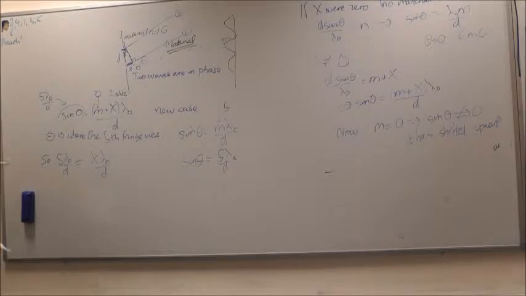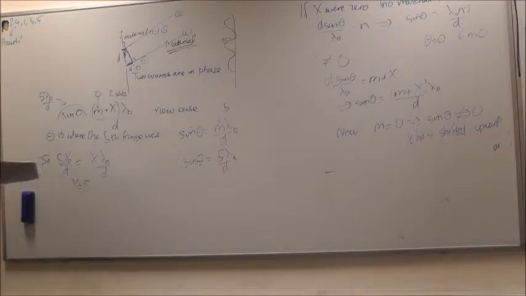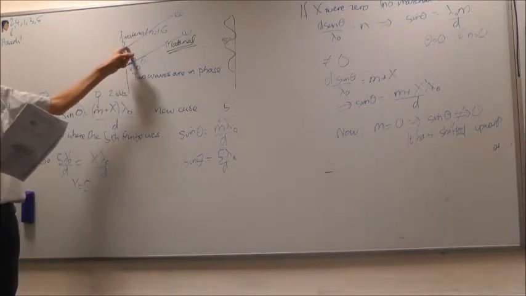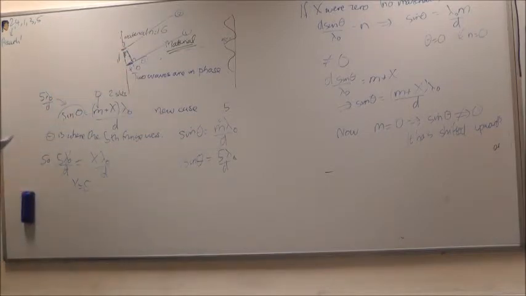Maybe it does tell us something, because those are going to cross out. So x is 5, so it's going to tell me that when it comes out of here, it's been delayed by 5 wavelengths. Can I relate that to thickness?